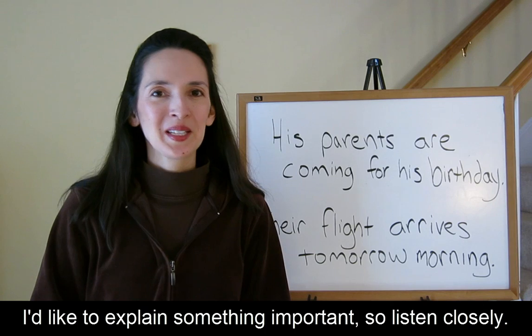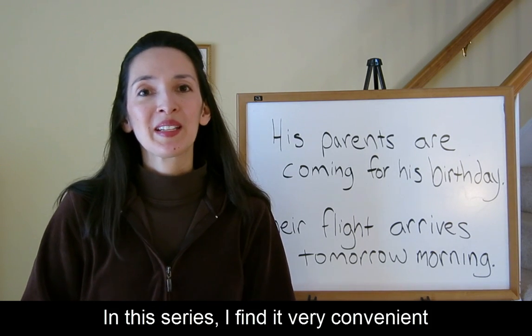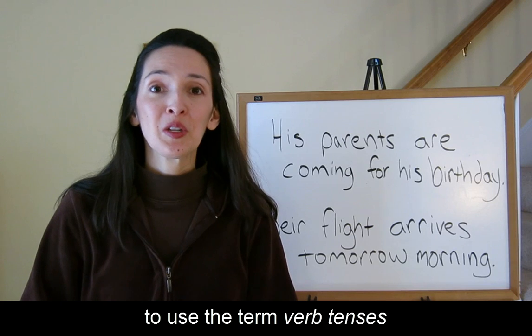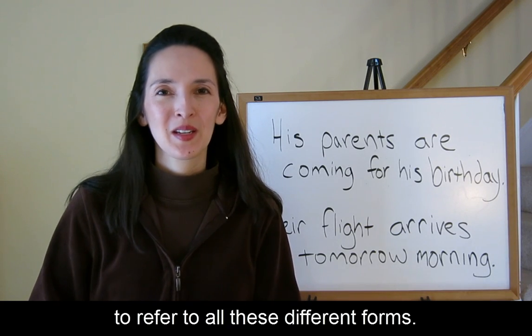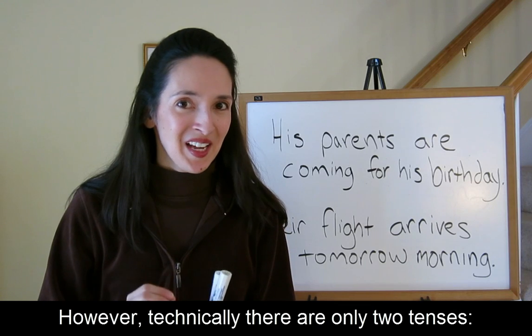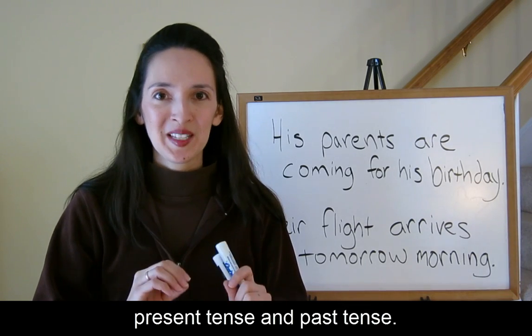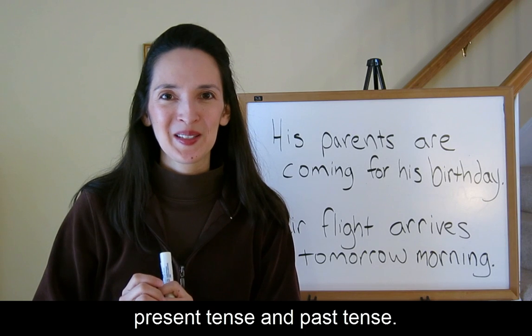I'd like to explain something important, so listen closely. In this series, I find it very convenient to use the term verb tenses to refer to all these different forms. However, technically, there are only two tenses, present tense and past tense.